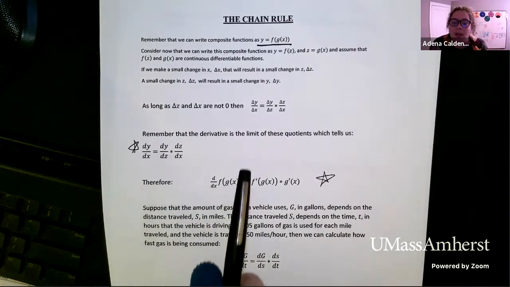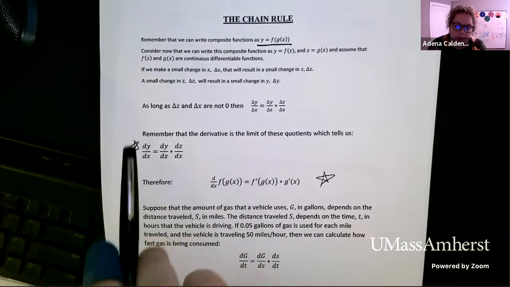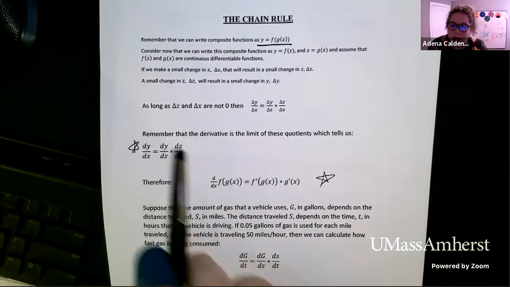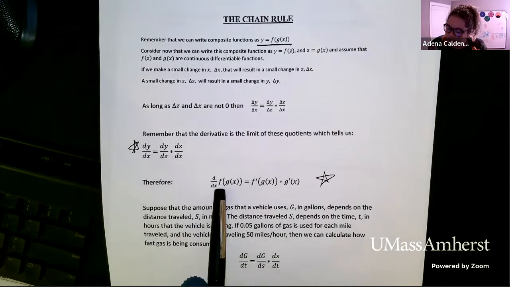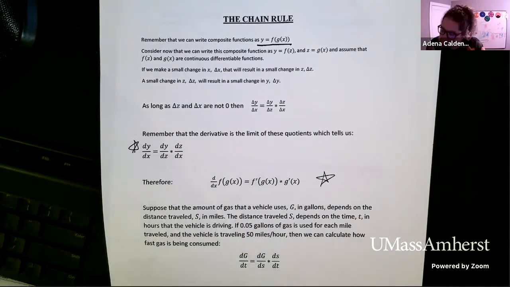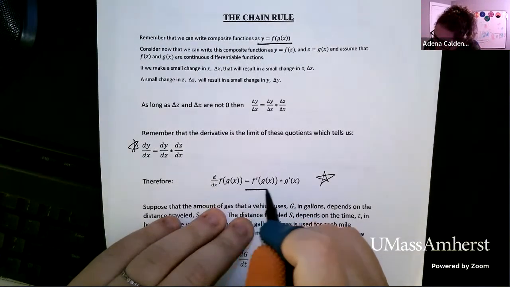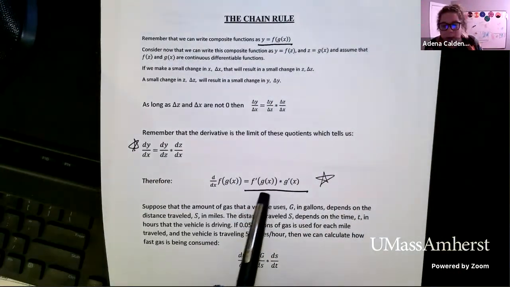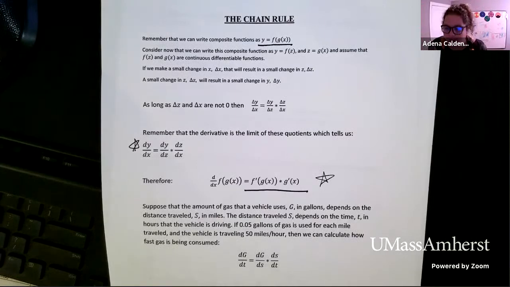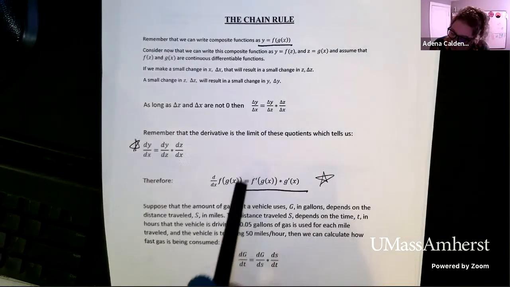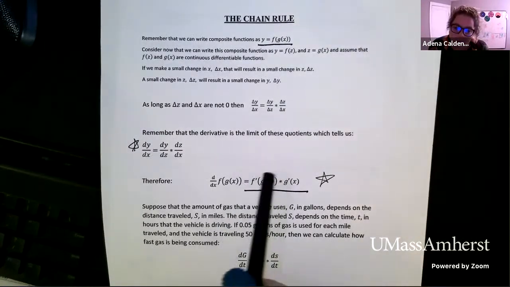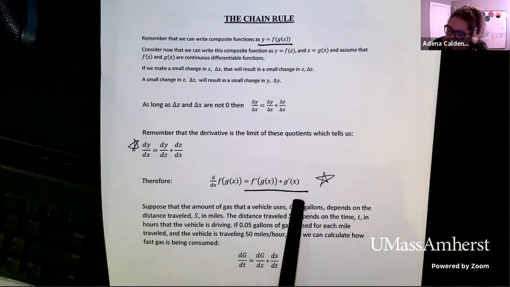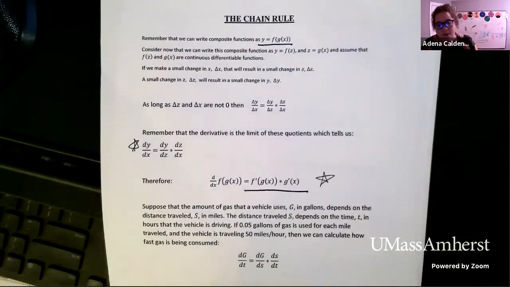But also in the other notation, so this is the Leibniz notation, if we are going to take the derivative of a composite function, the general chain rule derivative looks like this: f prime of g of x times g prime of x. This is the derivative of the outside function, where the inside stays the same, times the derivative of the inside function.